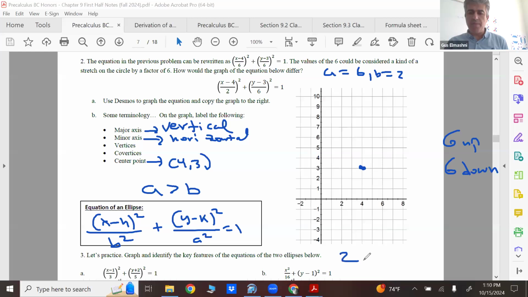Also have to go 2 left, 2 right. And I'm going to get kind of fancy on you guys here.